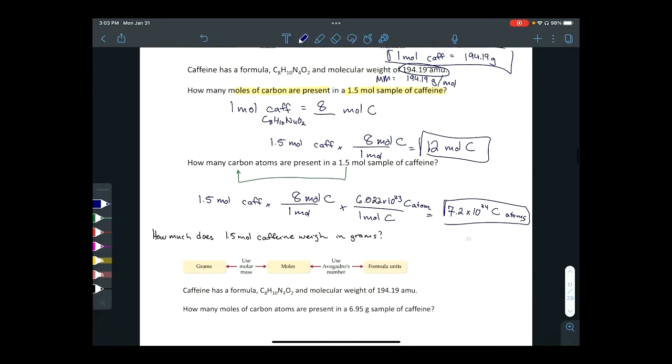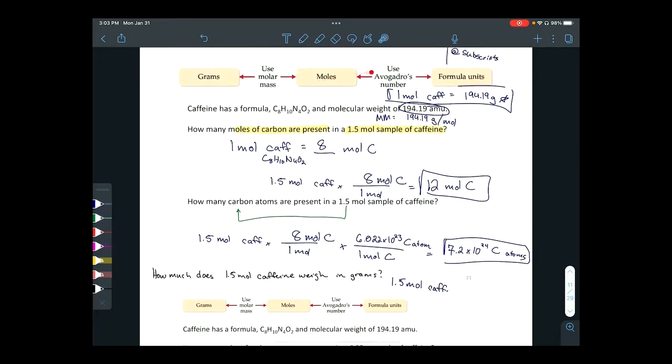And so there is our conversion factor that we can use. So if we start with 1.5 moles of caffeine, now we're going the other way. We were going the forward direction, moles to individual molecules to individual atoms. Now we're going the other way. Let's go from moles to grams of this substance using molar mass.